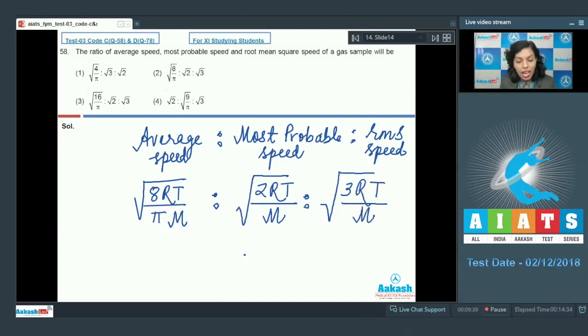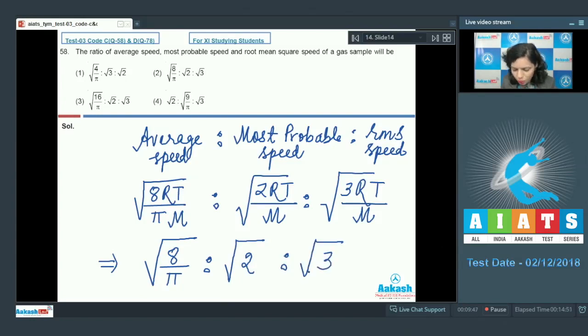So this we have here. And if you compare this, you will find out that this is root 8 by pi, then root 2, then root 3. The simple comparison of these three. And on that basis, we can easily choose this option. That's option 2 as our correct option.